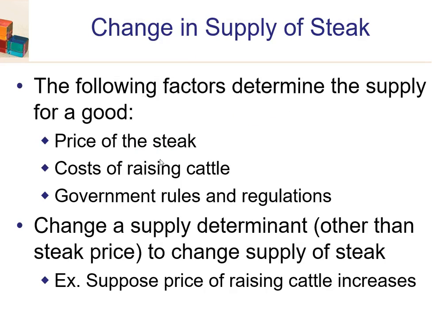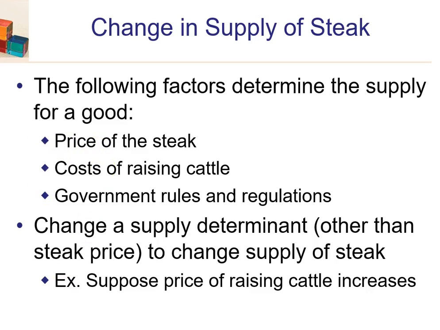Now, how do we show a change in the supply of steak? Well, recall that there are three determinants of the supply for steak: the price of steak, the cost of raising cattle, and government rules and regulations. If you change any of these supply determinants other than steak prices, you'll get a change in the supply of steak.